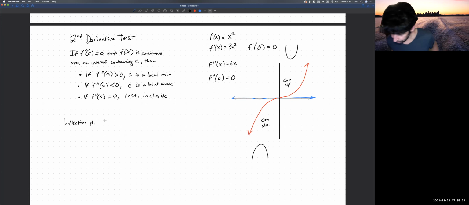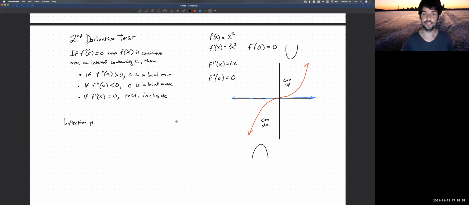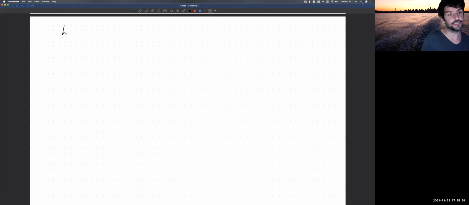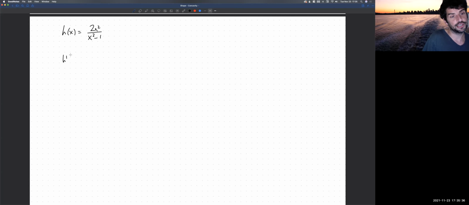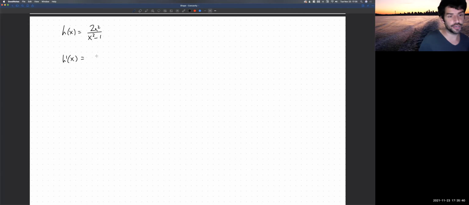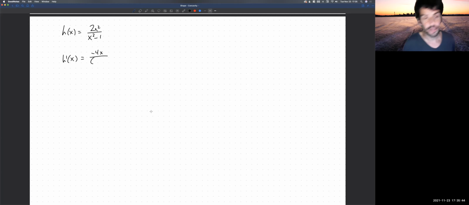Okay, let's do one last thing before we go. Let's look at concavity of that function we were looking at earlier, h of x, which was equal to 2x squared over x squared minus 1. H prime of x was negative 4x over x squared minus 1 squared.